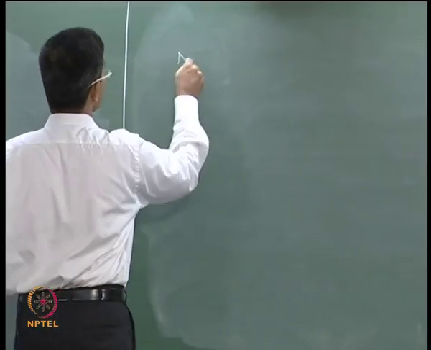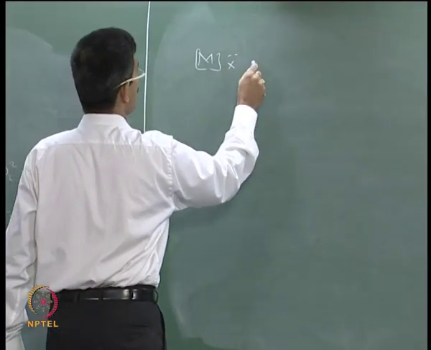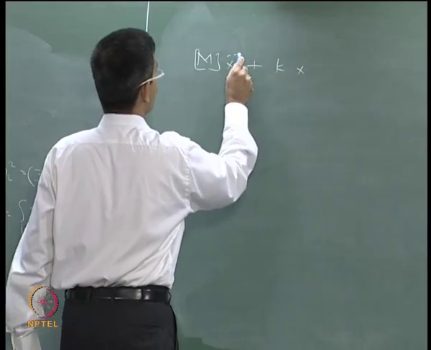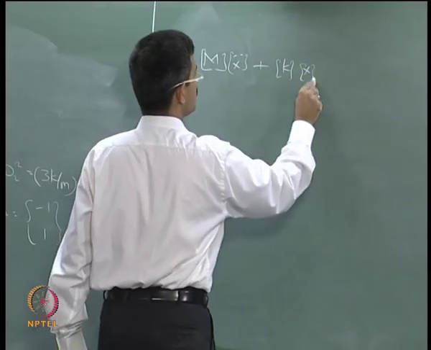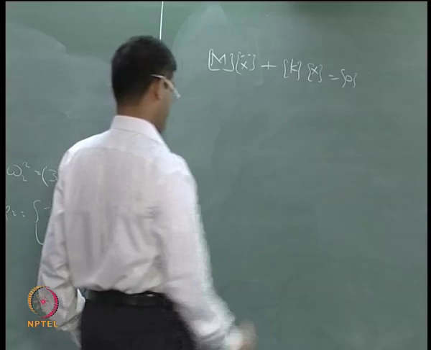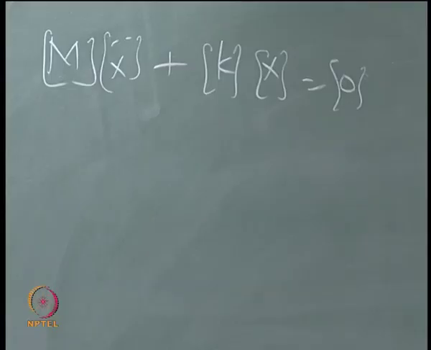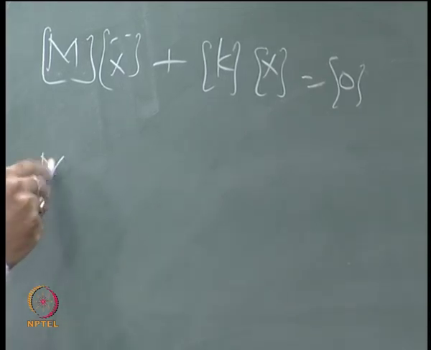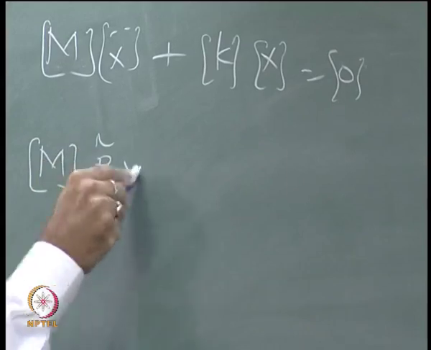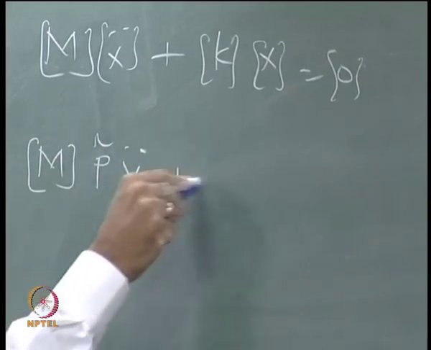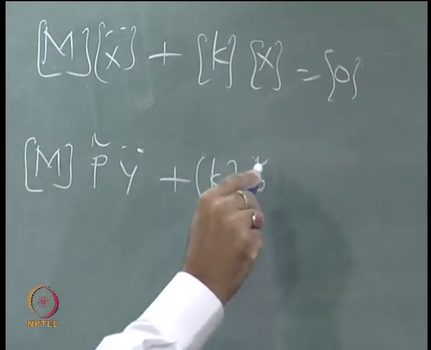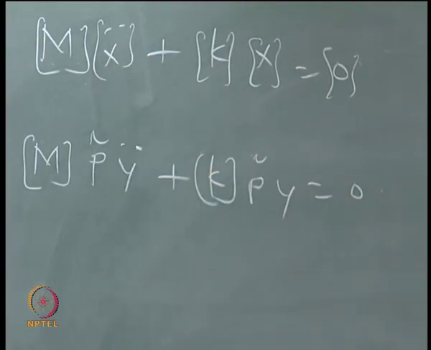The original equation is M x double dot plus K x, all are vectors and matrices, is 0. What I am going to write here is M P tilde y double dot plus K P tilde y is 0.